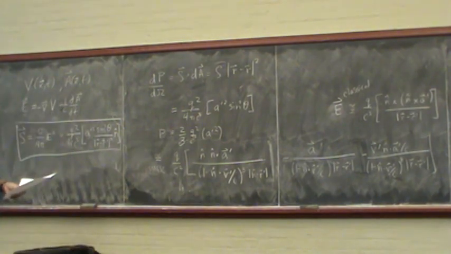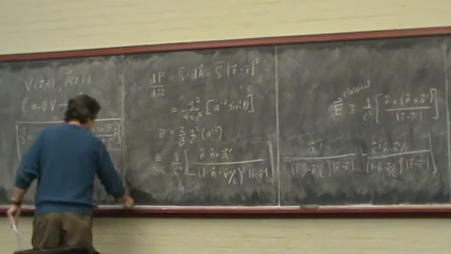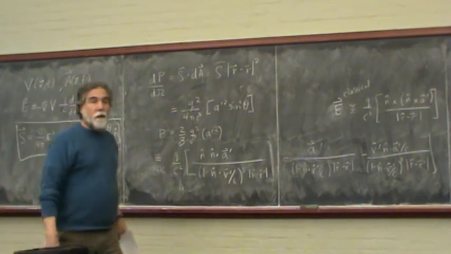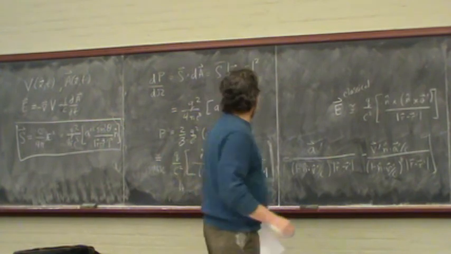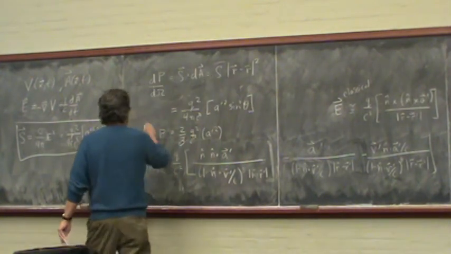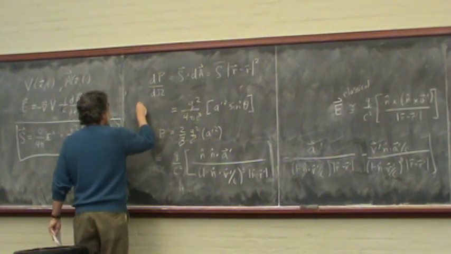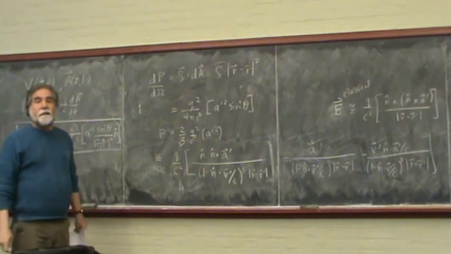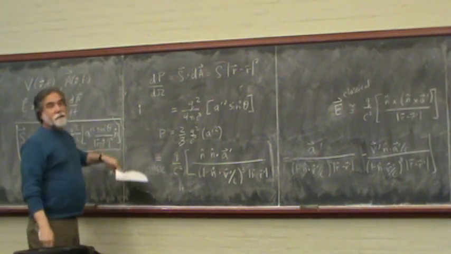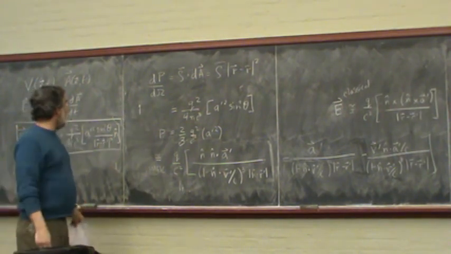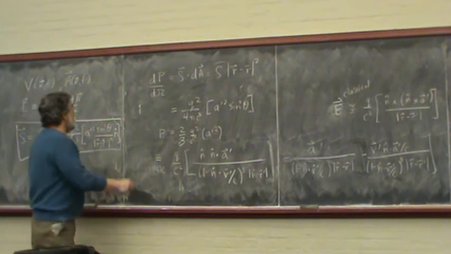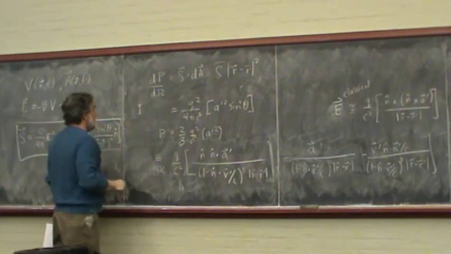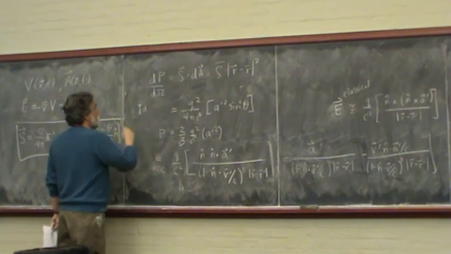Now, we've all learned about harmonic oscillators in Physics 1. So we can ask what's the power radiated by a charge that's just harmonically oscillating. It's got an amplitude of oscillation.